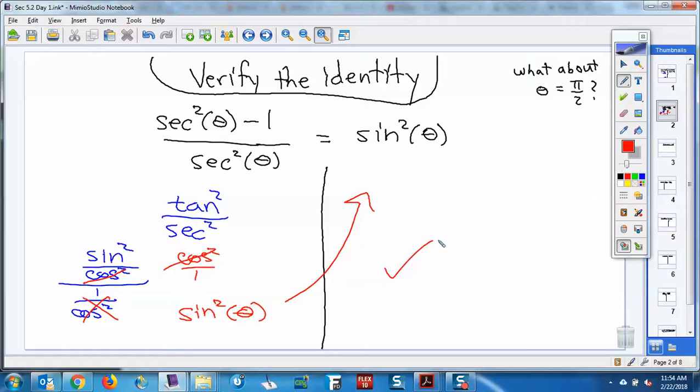What's cosine of pi halves? Cosine of pi halves is 0. Cosine is the x value. So what's secant of pi halves? Undefined. So if we say it's true for all values of x, that it's defined.